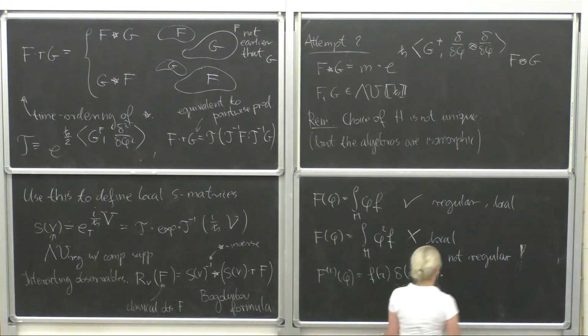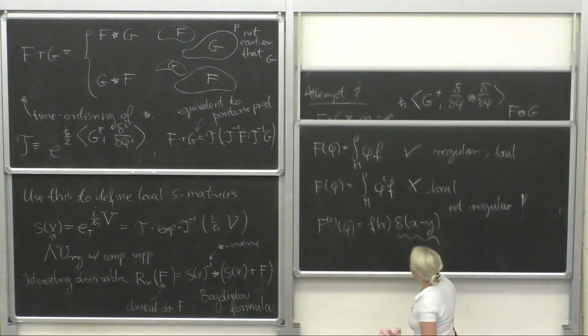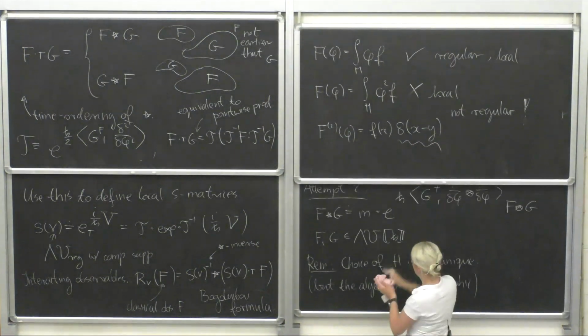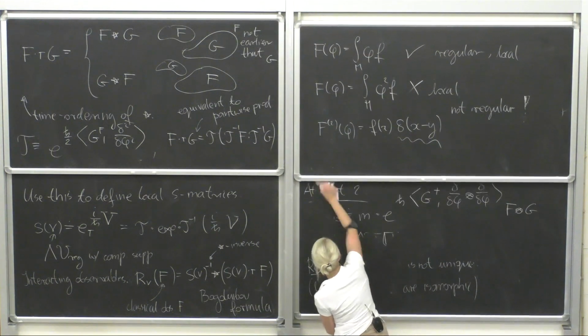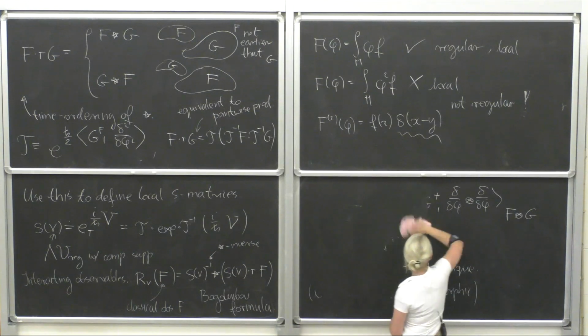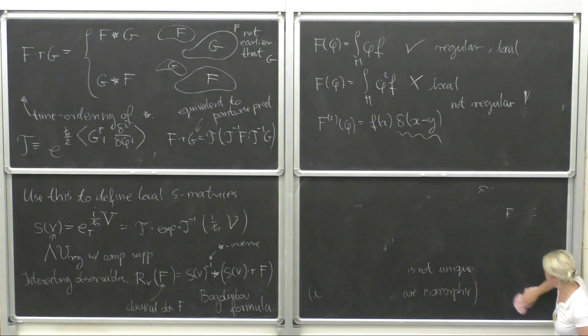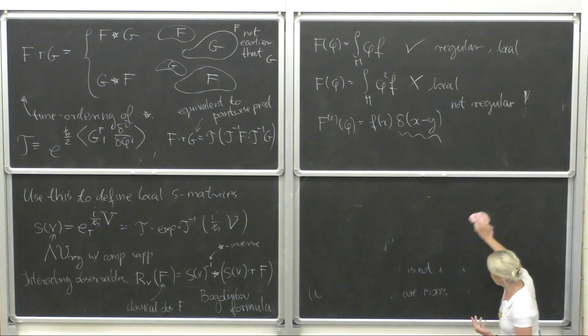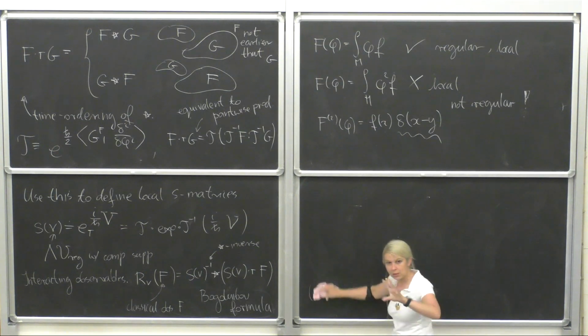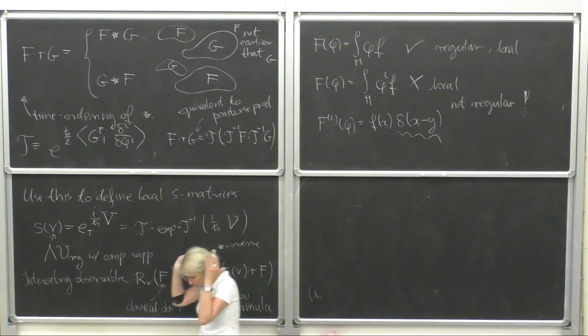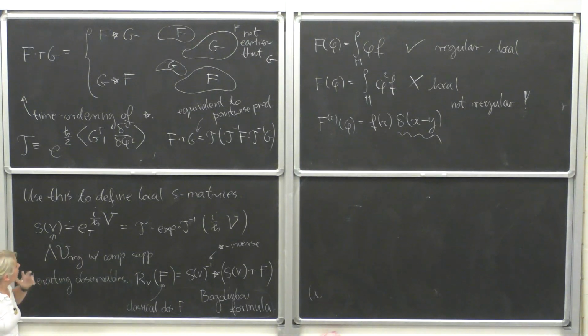This is going to be now a preview for the next time. It all has something to do with the fact that the Feynman propagator is very singular. So it is the singularity structure of the Feynman propagator that makes it absolutely necessary to fix these time-ordered products somehow.